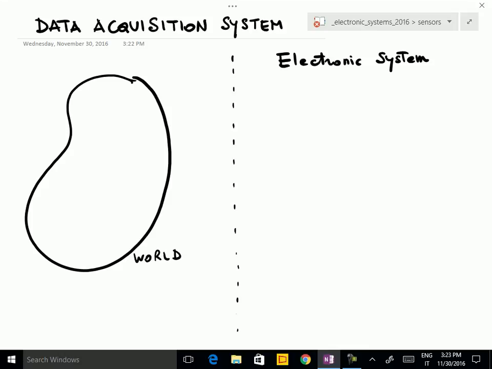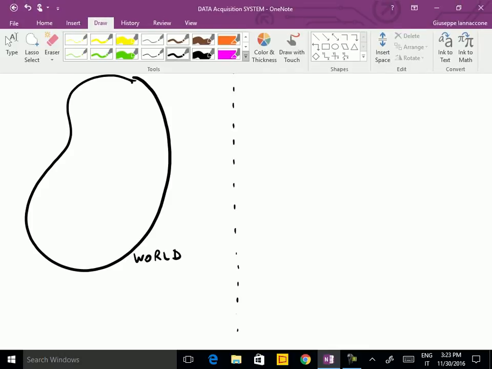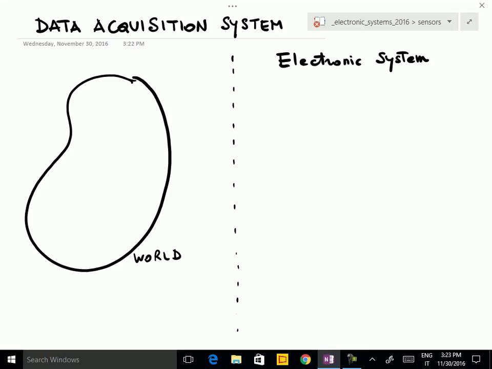Okay, and we can have different types of sensors. We can have sensors which are in contact with the system that we want to measure. When I say world, I mean the system that we want to measure. It really depends on the type of application. And these are contact sensors.